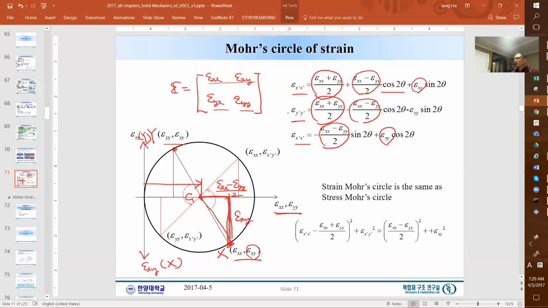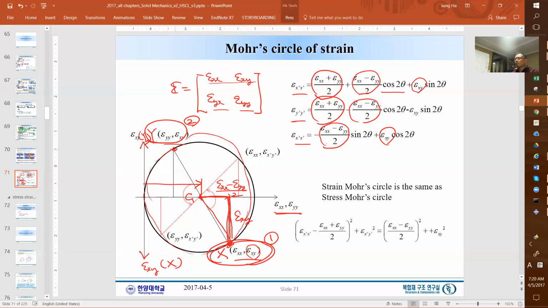So drawing Mohr circle, the drawing procedure is exactly the same as the stress. First, we locate this x, that's number one, and draw this y, this is number 2, and then make a circle with x and y as a diameter.